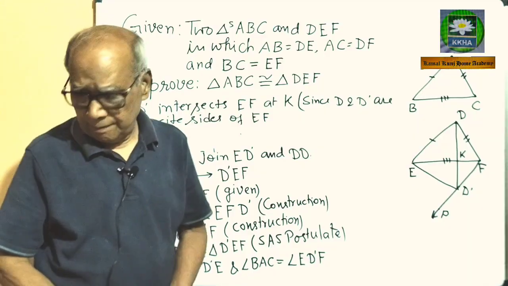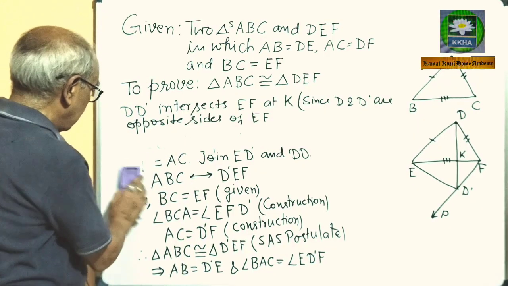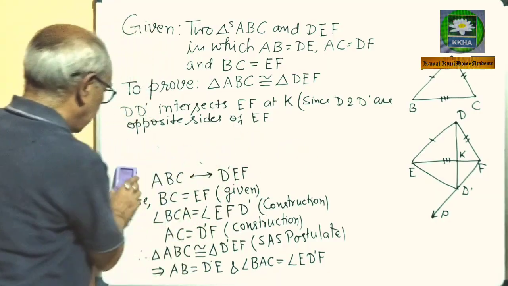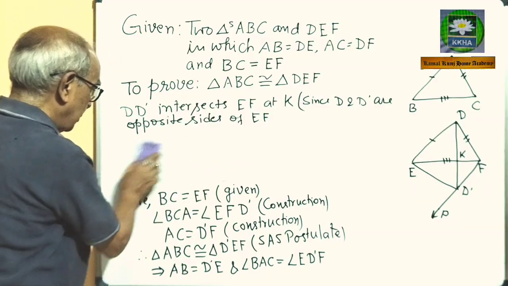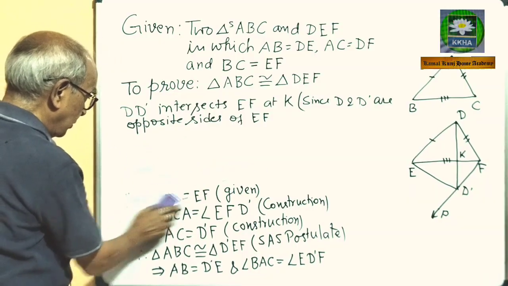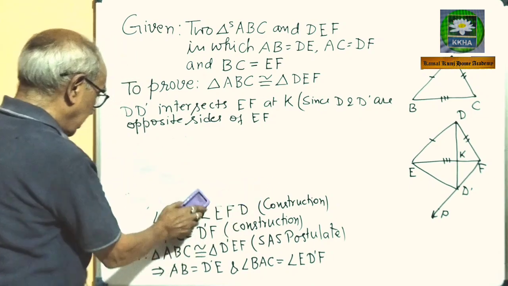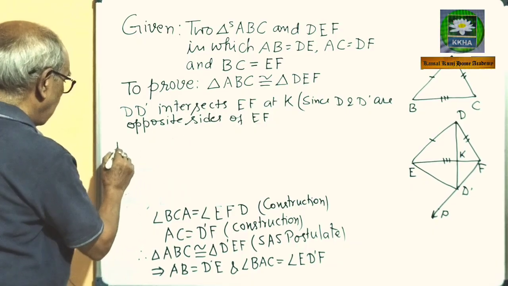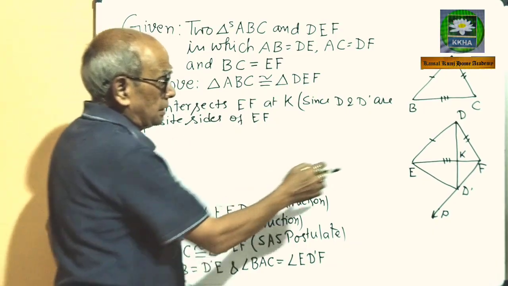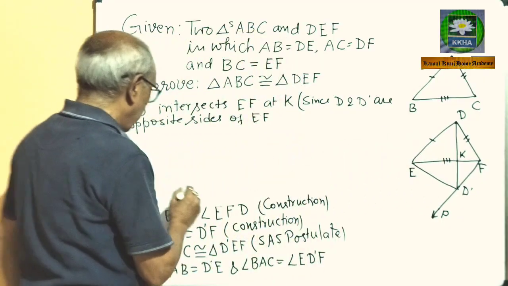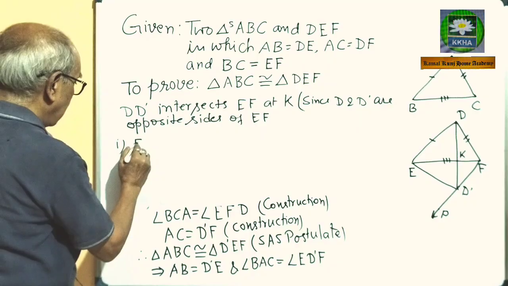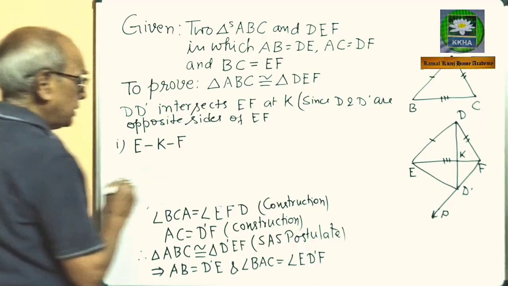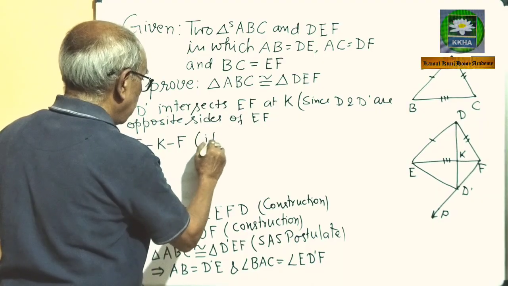Now there are three cases. Number one, K will be between E and F, in which case the triangle is acute.